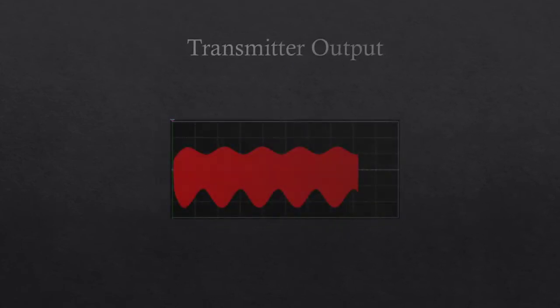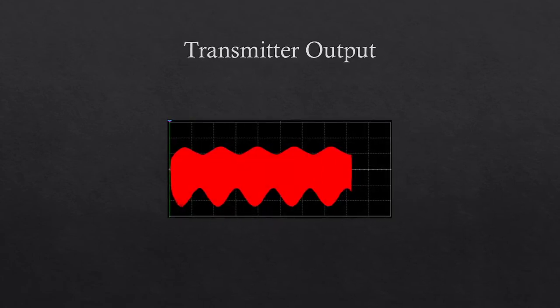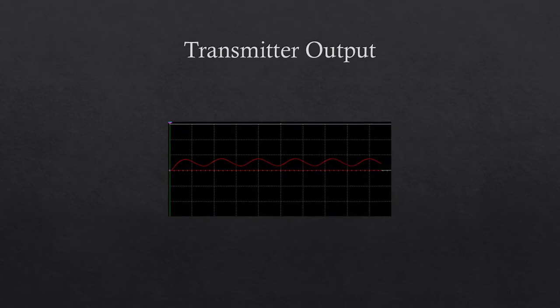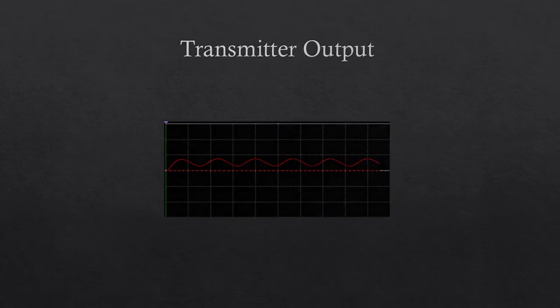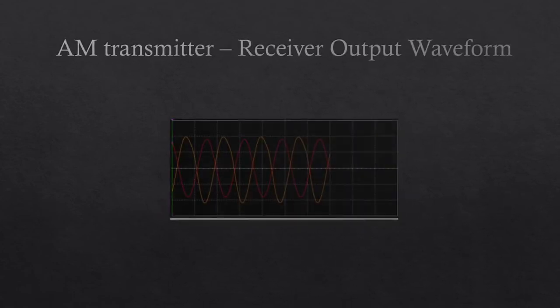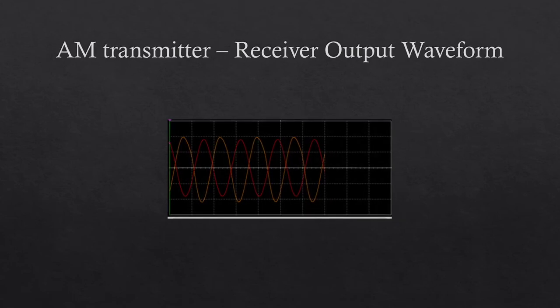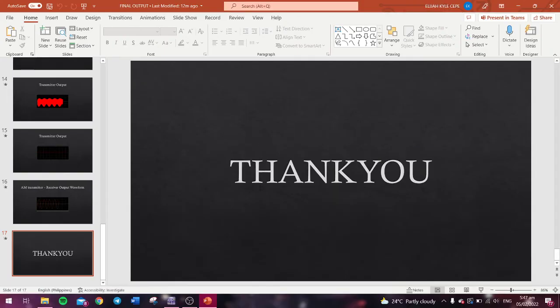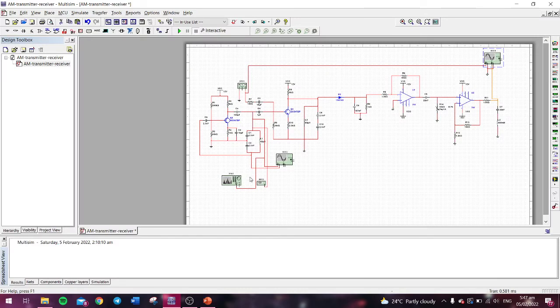The next one is the output of the transmitter. And lastly, the waveform output of the full circuit design, which is the AM transmitter receiver output. We will now show you the simulation of the full AM transmitter and receiver circuit.